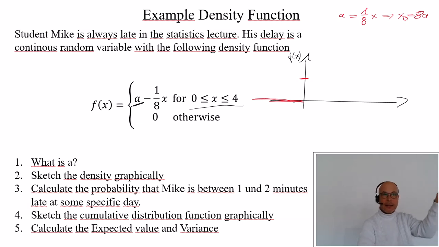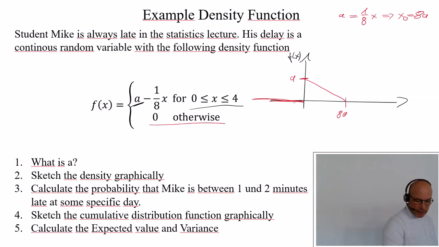So at 8a, we are cutting the horizontal line. This is maybe here, 8a, and we obtain such a density function. 0 otherwise means we are here. So this area has to be 1.